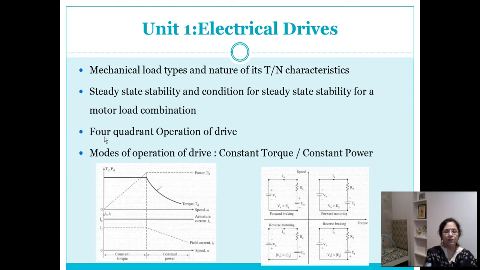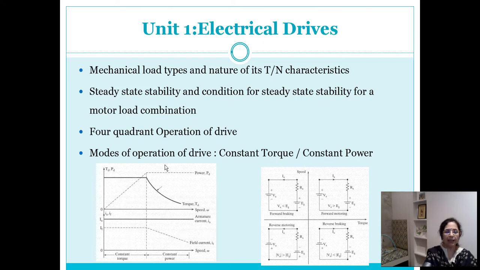We can also see the 4-quadrant operation of the drive, which is required because of requirements of the load and motor operations. As well as we can understand that all the drives can have two types of modes of operation, which are called constant torque and constant power operation.